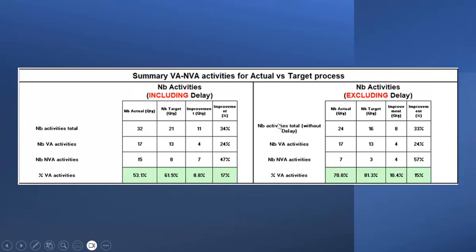Including the delay, we're going from 32 activities total, 17 value added, 15 non-value added, so 52%. Excluding the delay, we're at 24 activities, 17 value added, 7 non-value added, so we're at 70%.